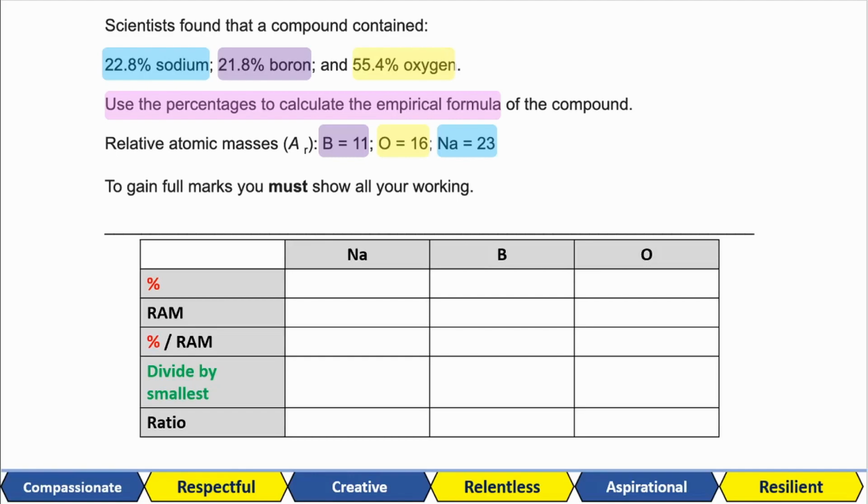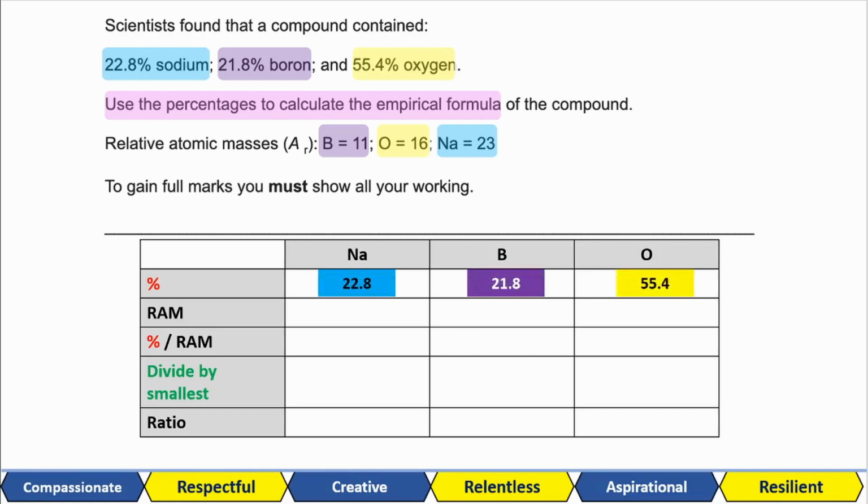Then the RAM, which you're usually given, but if you're not, just look at your periodic table at the larger number. At this stage, we divide the percentage by the RAM. We will then divide each of our answers by the smallest number from our previous answers. Then we have our ratio. I know that all sounds like gibberish right now, so let me apply these steps.